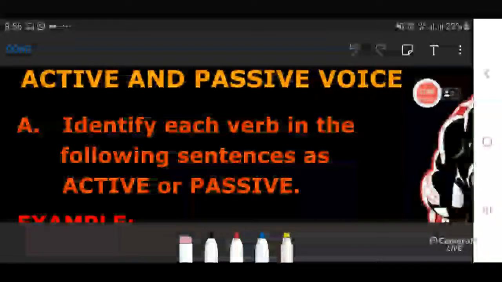Identify each verb in the following sentences as active or passive. Okay, fine. Next. Next, go ahead.